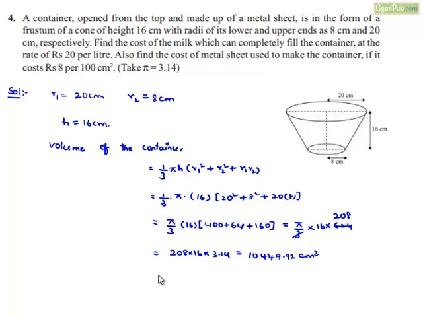We know that 1000 centimeter cube is equal to 1 liter. Here let us convert this value into liters. Then we get the value as 10.44992 liters.